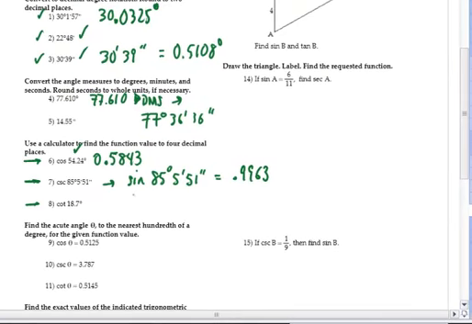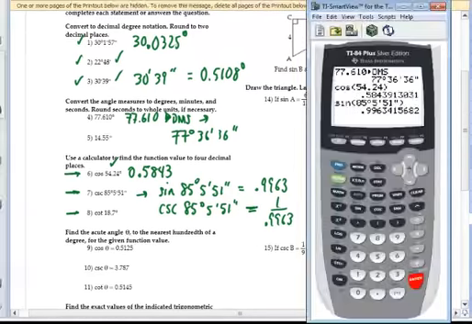And then for the cosecant of that same angle, I just take the reciprocal of this number, and that would be what that's equal to, which is 1.0037.